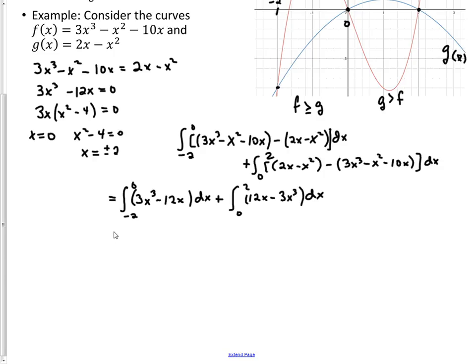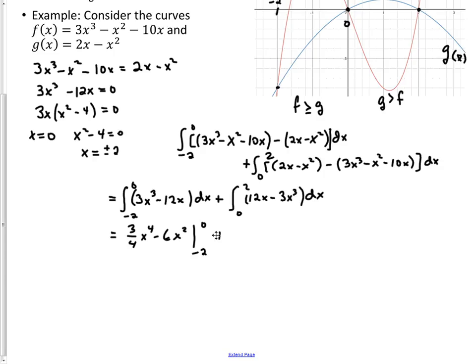But taking our integral is going to give us 3/4 of x to the fourth minus 6 times x squared, right? Remember, we're dividing by 2. And so that's going to be evaluated from negative 2 to 0.